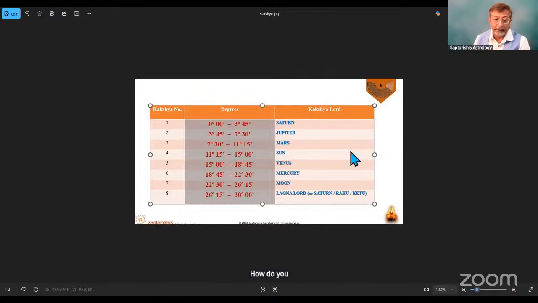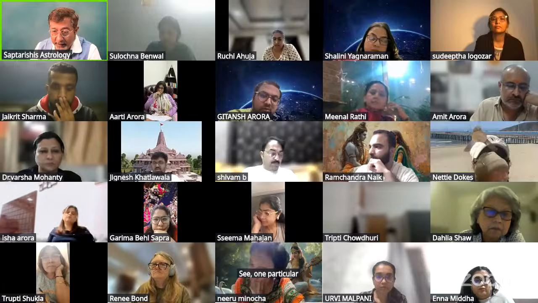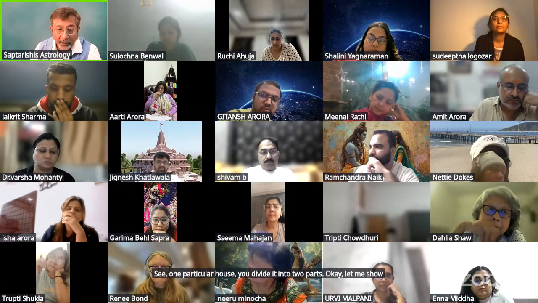So what you see here, if I have to show it via this diagram, how do you understand this is the first compartment. Say one particular house, you divide it into 2 parts. Okay, let me show it via a whiteboard.